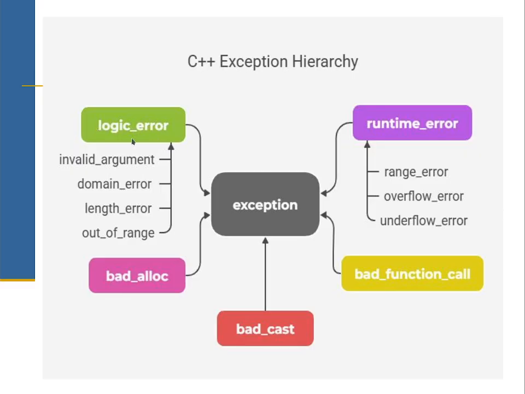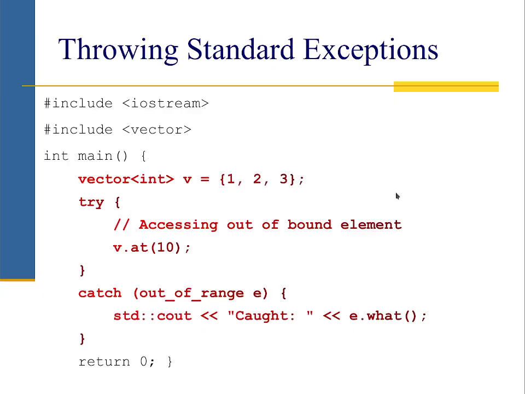We have the logic error exception, the bad alloc exception, the bad cast, bad function call, and the runtime error. The logic error covers invalid arguments, domain error, length error and out of range error, and the runtime error covers range error, overflow error or underflow error.